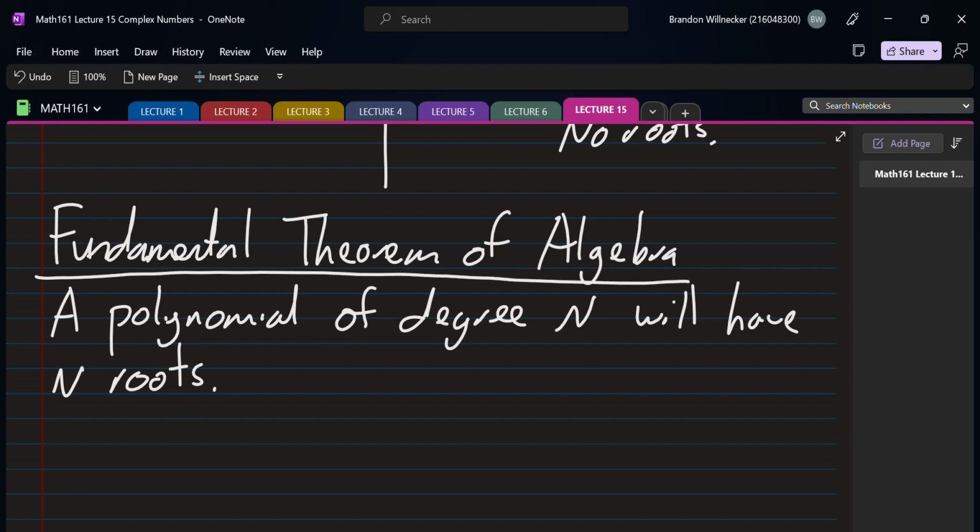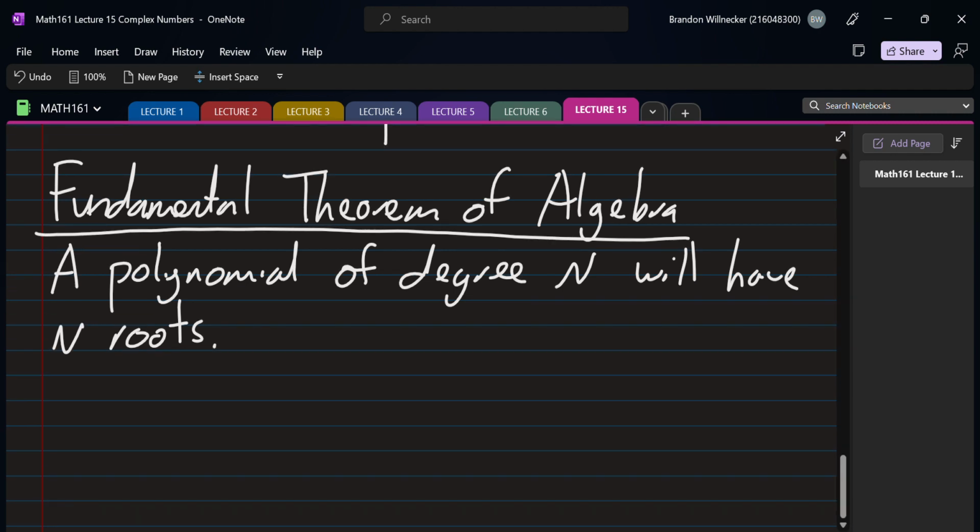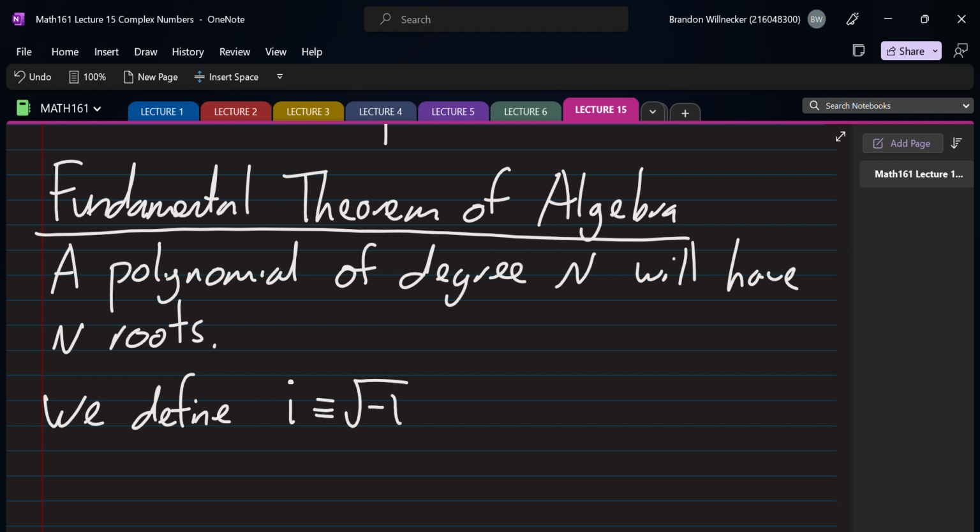Now, like we had here, there's no real solution for that. However, there's always an extended solution or a complex solution. So the way that we do that is we define this new number we call i, and this is defined to be the square root of minus 1.